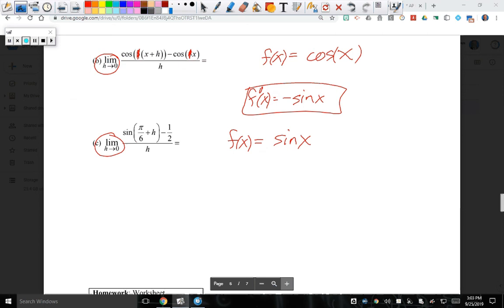How did you see that? Here we go. This is like sine of x plus h minus sine of x all over h as h is approaching 0. But then you're looking at this, you're like, wait, what? How is this that? Because my moment is when x is pi over 6.